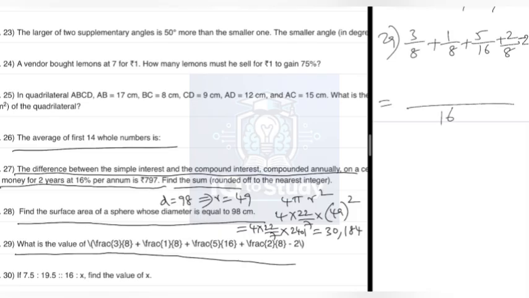So it becomes 6 plus 2 plus 5 plus 4 minus 32, which is equal to 17 minus 32 by 16, that is equal to minus 15 by 16.